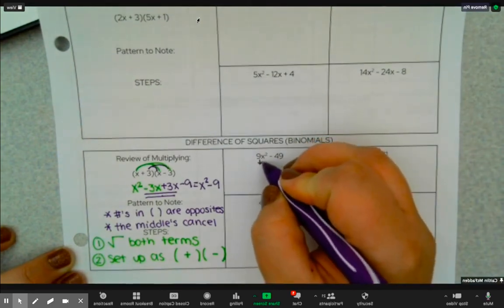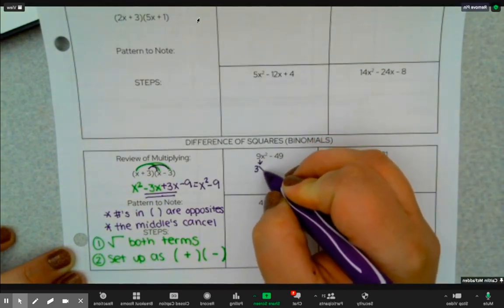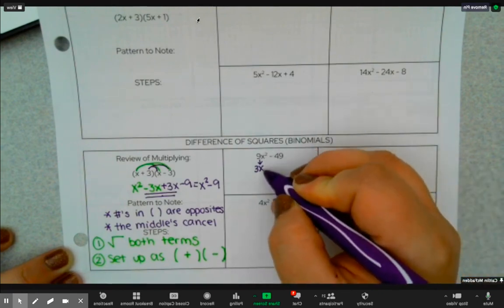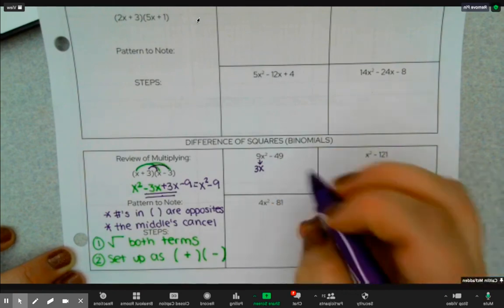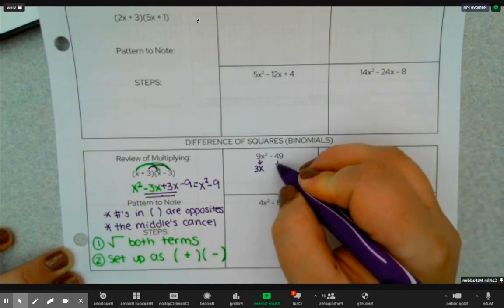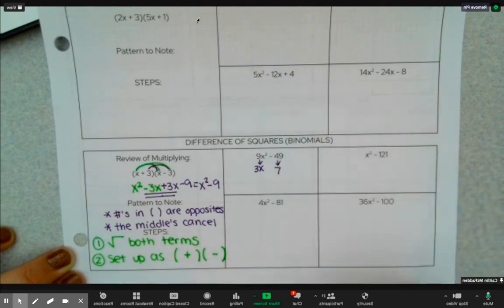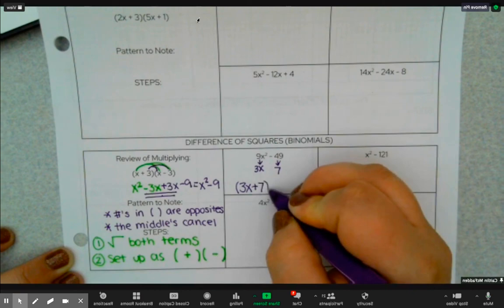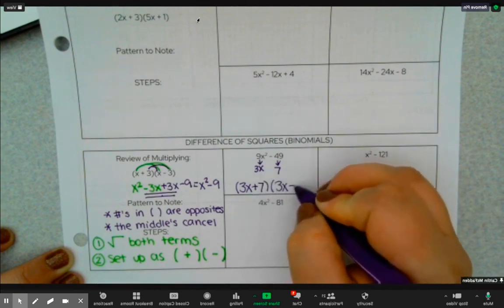So this one is 3, and it gets an x, because the square root of x squared is x. It just gets rid of the 2. And then the square root of 49 is 7. So my factors would be 3x plus 7 and 3x minus 7.